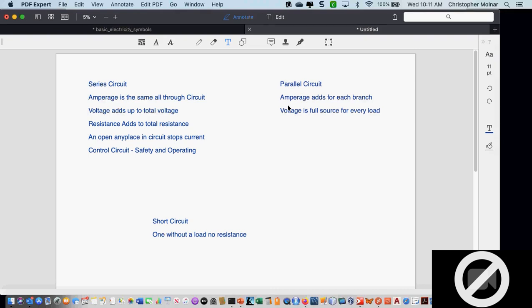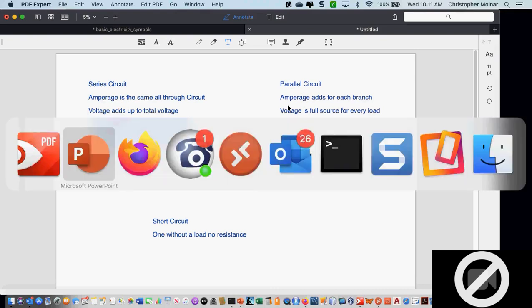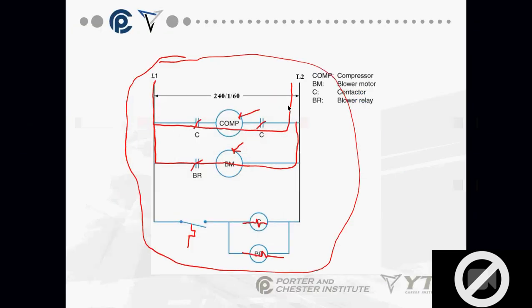Where do we see parallel circuits used in the HVAC industry most often? Heating. What type of circuit is this? We had series circuits being used as controlled and operational. What would I call this?